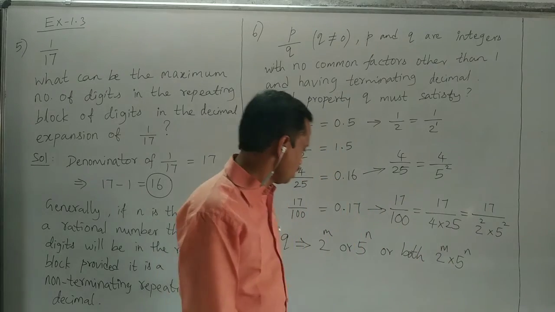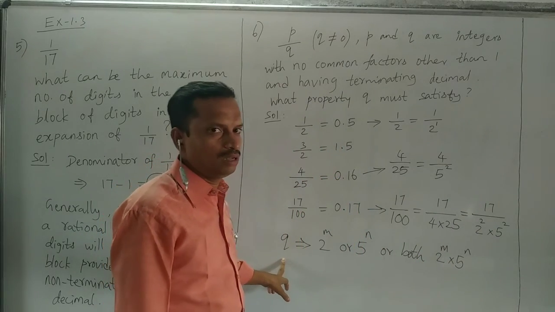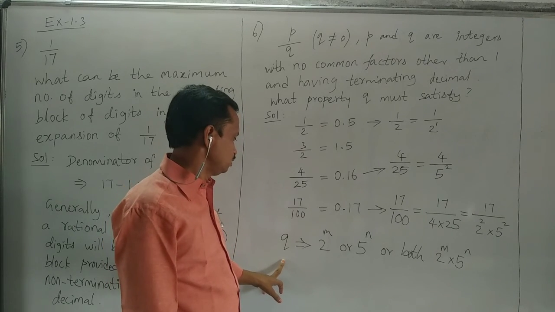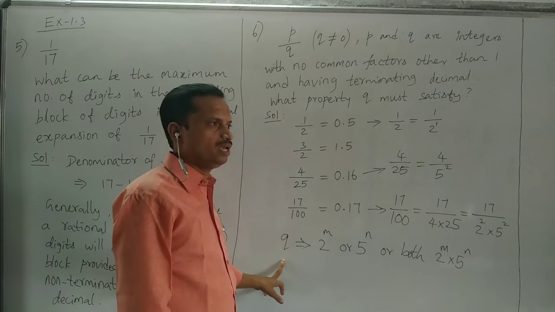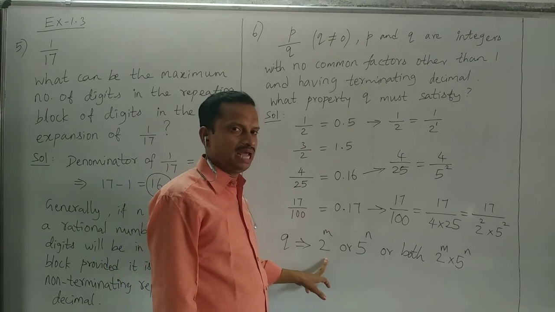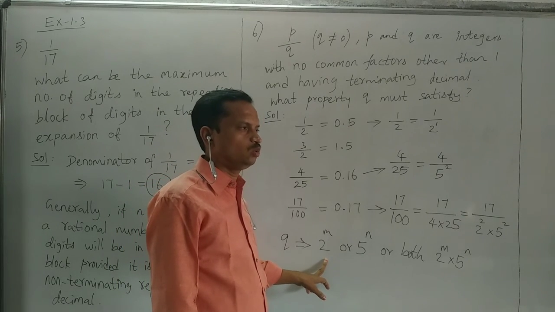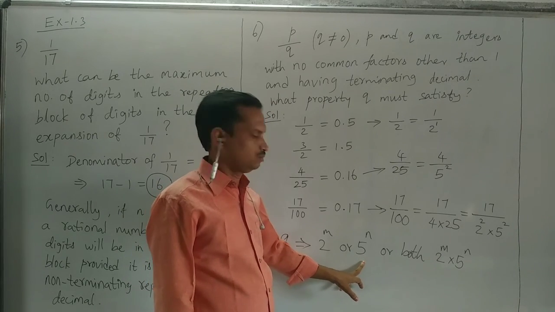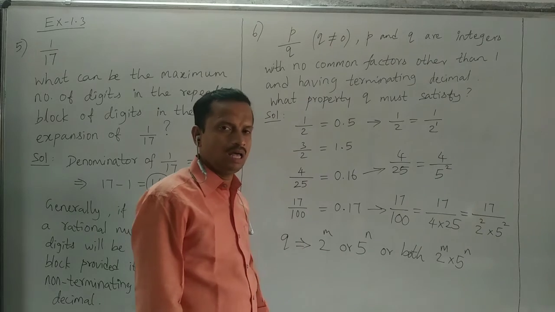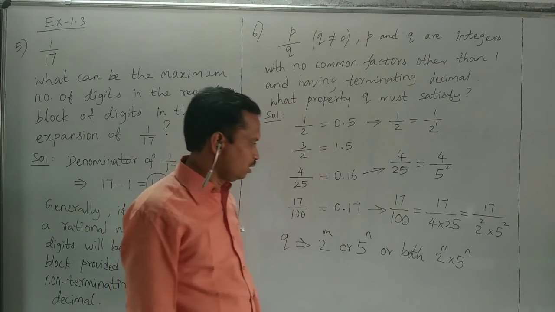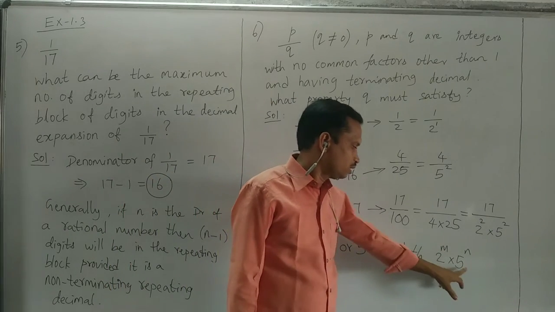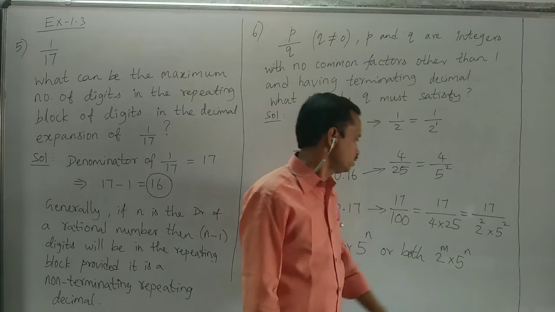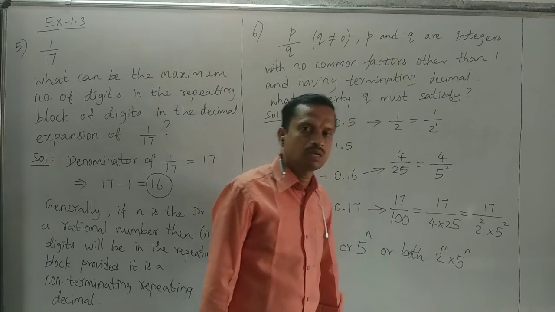That means any rational number which is terminating, then the denominator Q will be of the form 2 power m, that is 2 with any power, or 5 power n, or both 2 power m into 5 power n. So 2 with any power and 5 with any power. So these are the properties of Q.